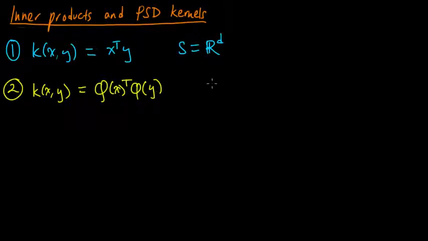Here, S would be some arbitrary set, and phi would be some arbitrary function from S to R^d for any d. And this is just the dot product on R^d. The same proof that we will give for this number 1 to show that it's a positive semi-definite kernel, or covariance function, generalizes immediately to this case.